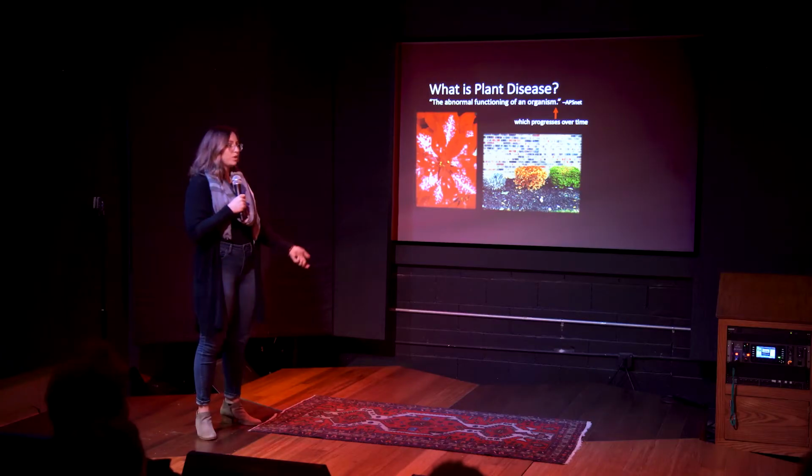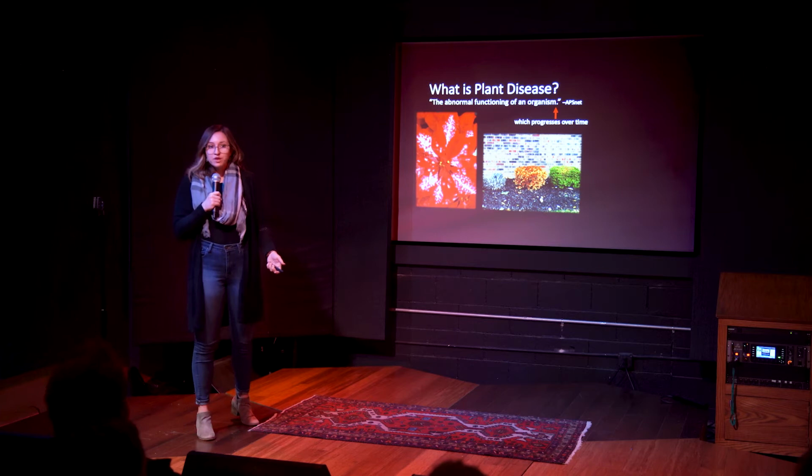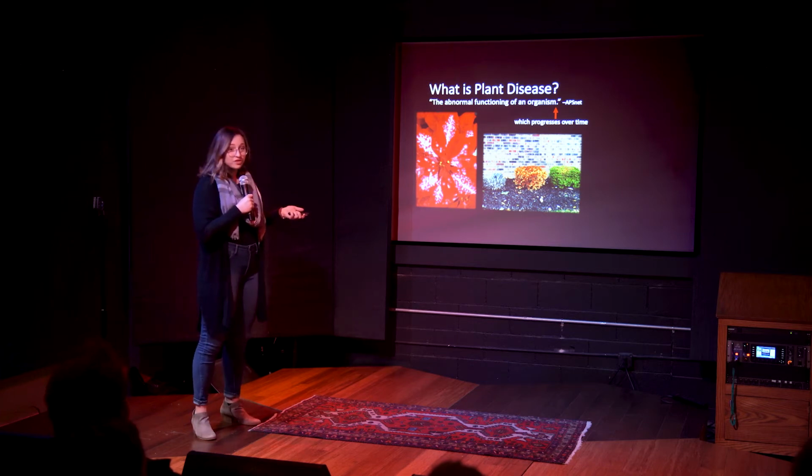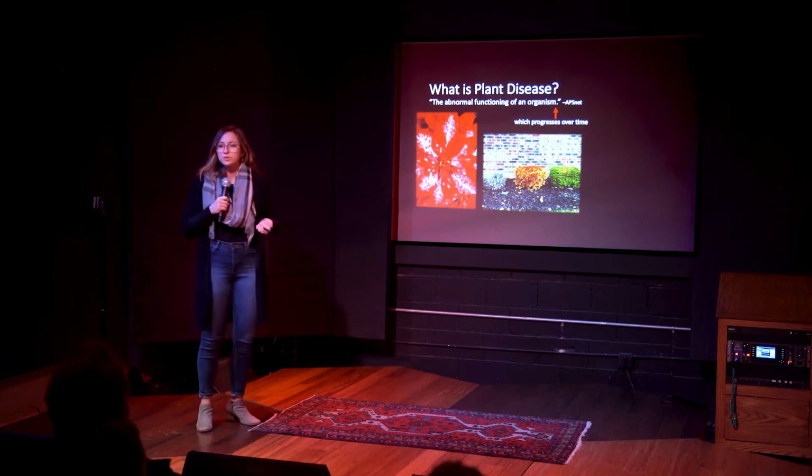What's happening is the roots are being infected. The roots are then not able to perform their normal tasks. So what do roots do? Roots take up water, roots take nutrients from the soil, and if the root function is abnormal and impeded by this pathogen, then the roots aren't able to do that, and the bush just ends up looking, in a non-terminology sense, really sad, like this middle bush.